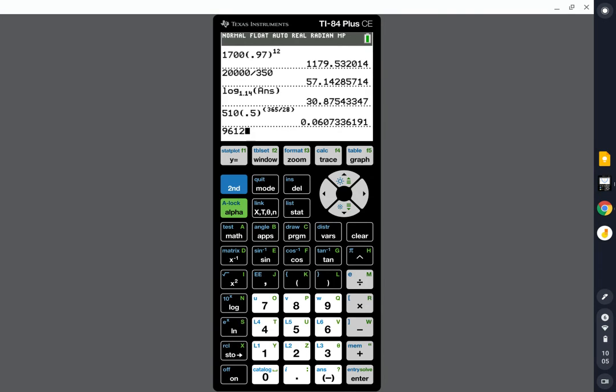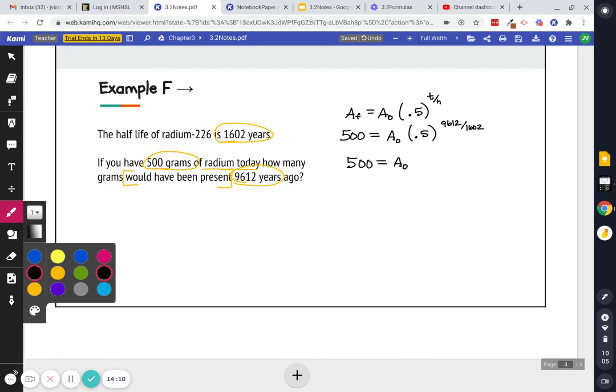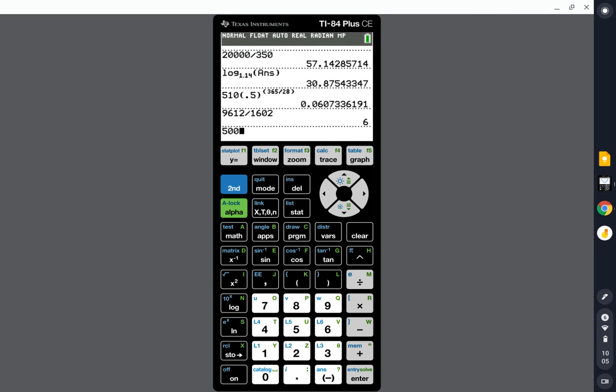This 9612 divided by our 1602 tells us we've gone through 6 half-life cycles. So we've got 0.5 raised to the 6th. Whatever that is going to probably be a teeny tiny decimal. So I'm going to take that 0.5 to the 6th, and I'm going to divide 500 by it. If we're going back in time in terms of half-life, we will be gaining.